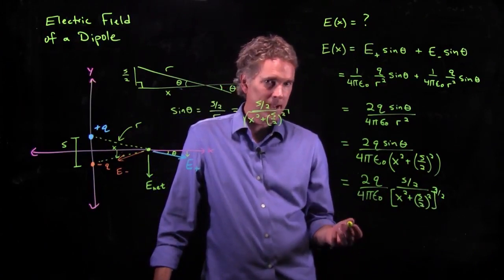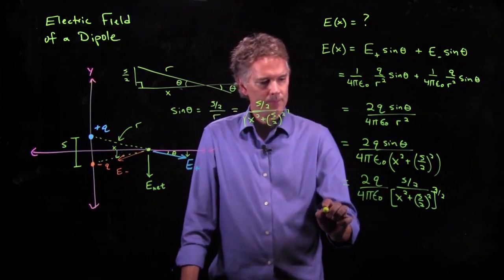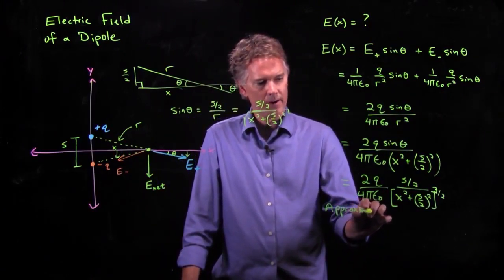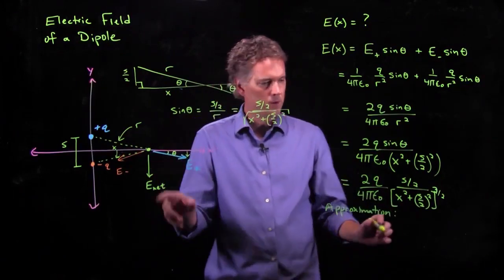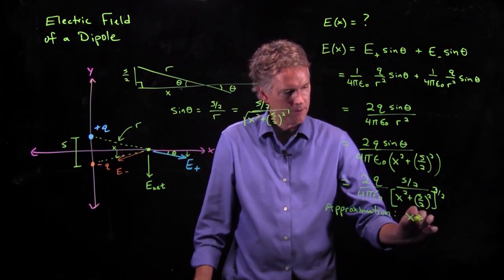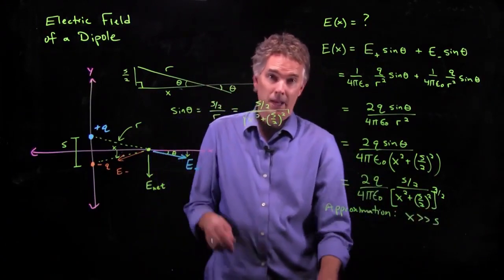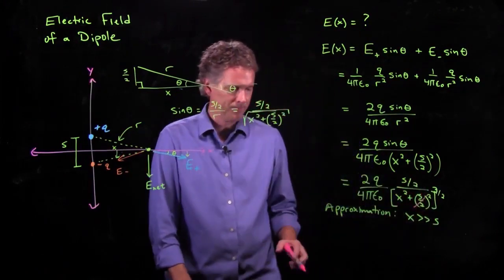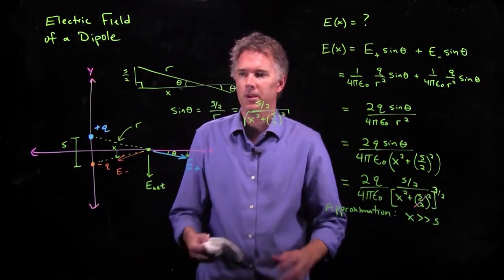Now, we're going to make a similar approximation like we did last time. The approximation is that we're looking at this thing very far away. x is going to be much bigger than s. And if x is much bigger than s, that goes away. Okay, so let's write down what our resultant field becomes.